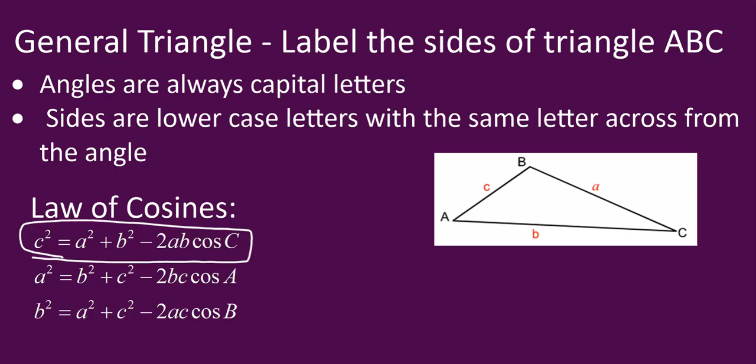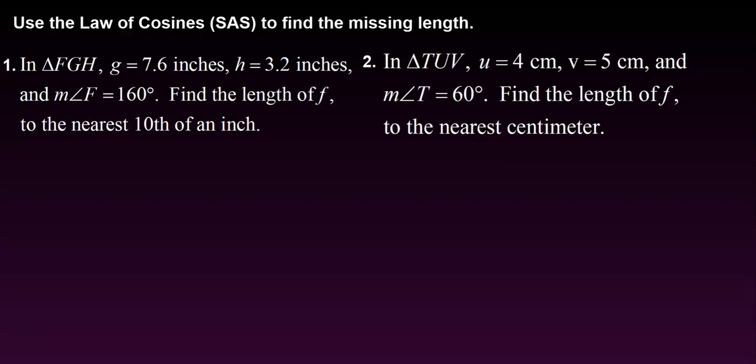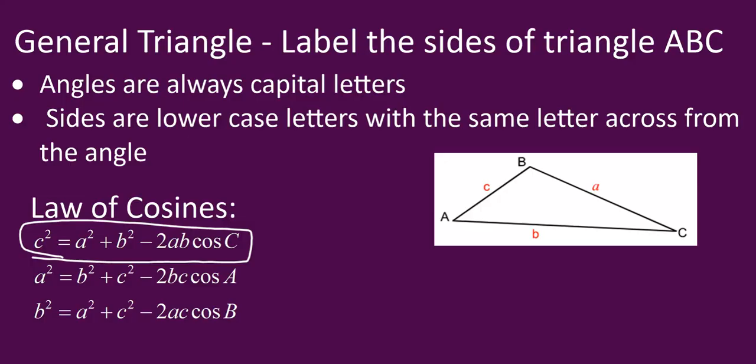Let's take a moment and look at this. When we look at this, you'll notice that our two sides, A and B, create the angle C. That is what we're looking at when we use these.